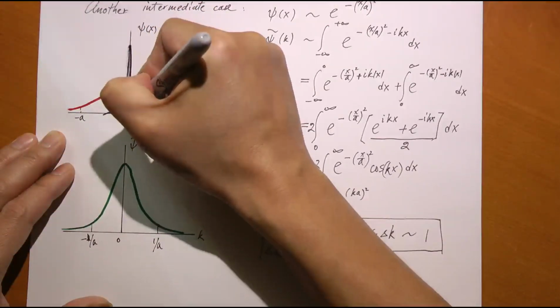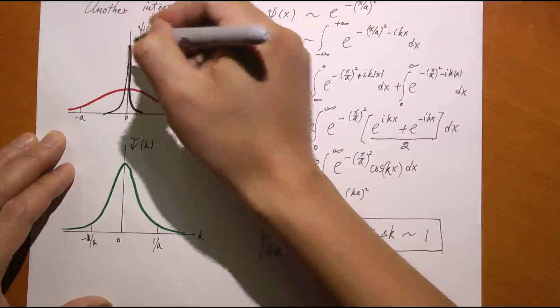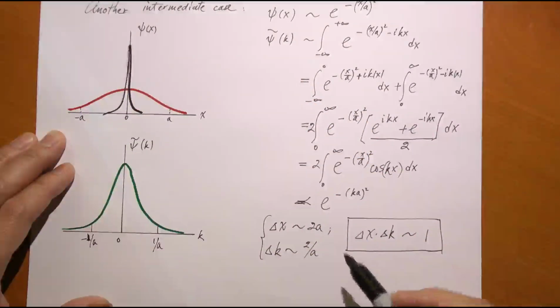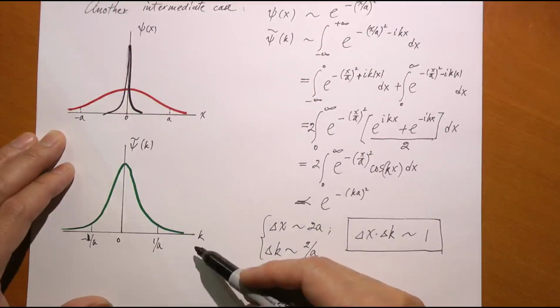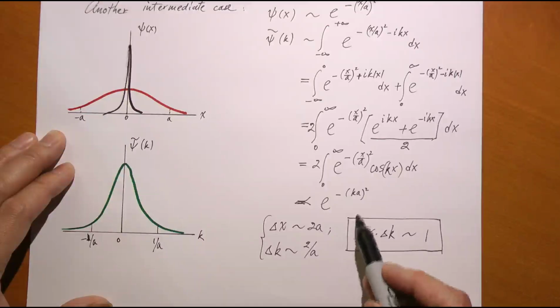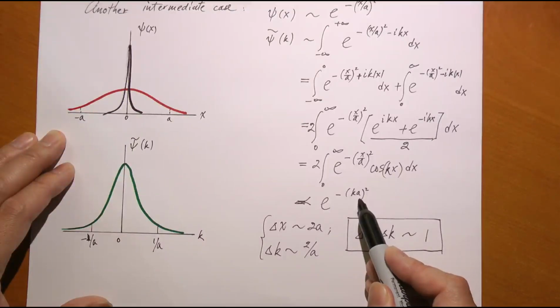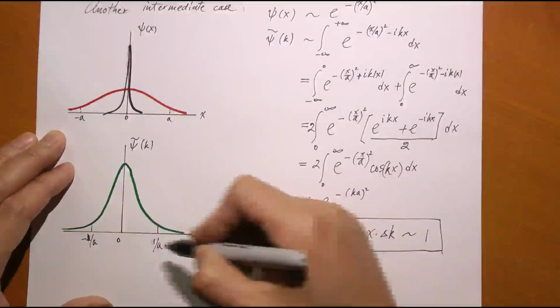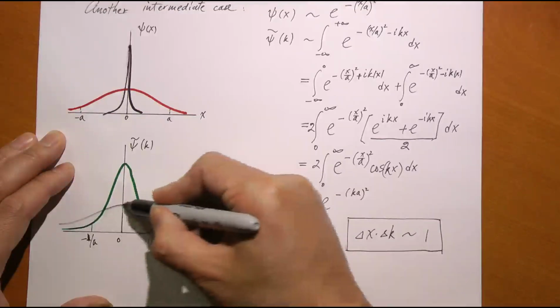Okay, that's a very small a value, so it's very concentrated. The corresponding wave form in the k space, when a is very small, would be very extended because the range goes like 1 over a. So it will look like this.